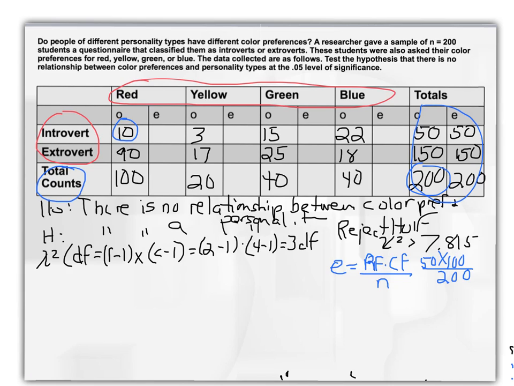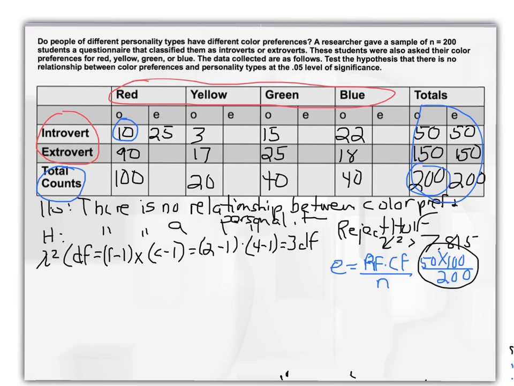And that will give us an expected frequency. 50 times 100 divided by 200 is going to equal 25. So I would expect that 25 of the 50 introverts would prefer red. However, I observe 10, so I have a difference.